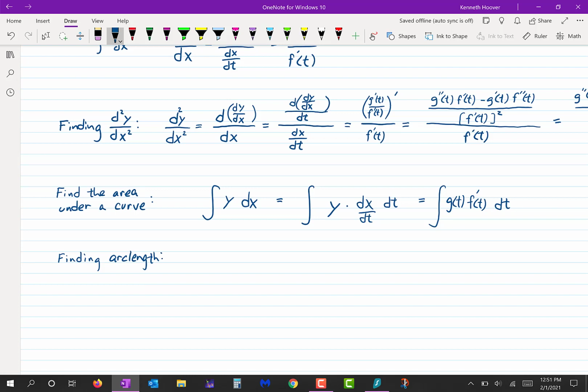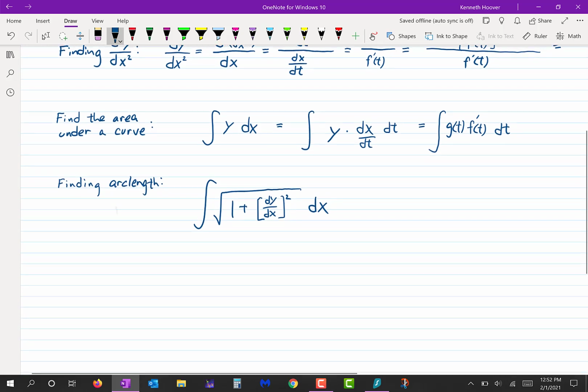Normally, when you just have x's and y's, no t's, the formula for arc length was the integral of the square root of 1 plus the derivative of y with respect to x, squared. Remember that? So all we have to do here is change this to an integral with respect to t. Well, that's going to be pretty easy to do.